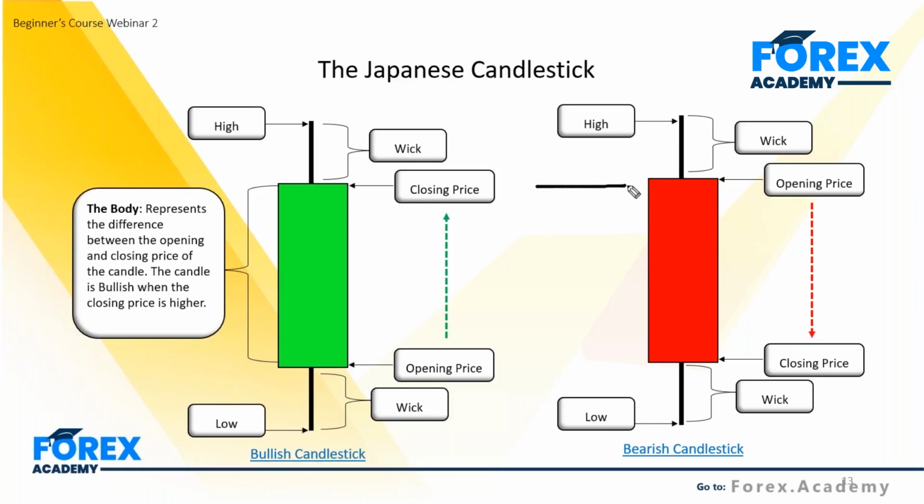It opens at this price, then it trades down a bit, then some volatility causes it to trade up to this high, then it trades down again right to our low here, and then with some pullback it retraces and closes at our close price. So that could be a simple day in the life of a candlestick.